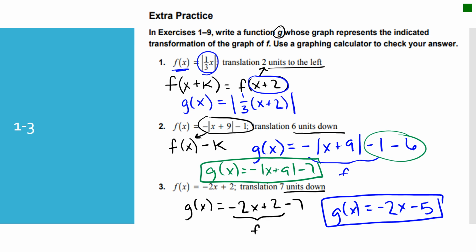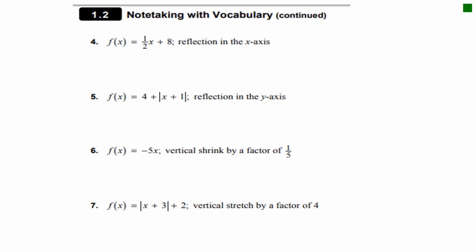And then this one is a little bit tricky just because now we're going to distribute that 1/3. So the final answer for this one is actually absolute value of 1/3 x plus 1/3 times 2, which is just 2/3. I suggest that maybe you go back and just listen to that again, just to get it, and then of course we'll continue to practice.